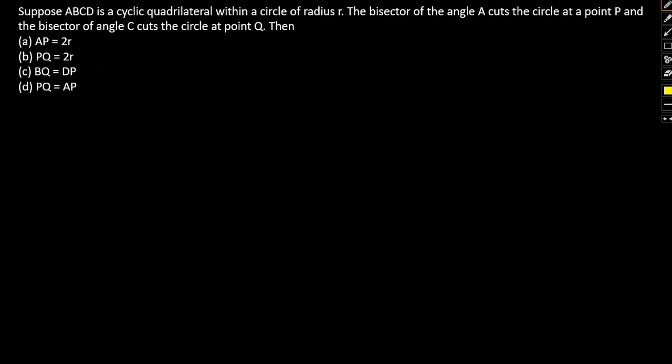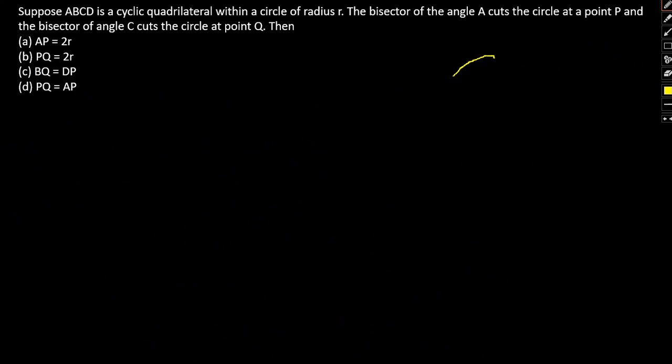Yeah, so the third question basically says, suppose ABCD is a cyclic quadrilateral within a circle of radius r. The bisector of angle A cuts the circle at point P and bisector of angle C cuts the circle at point Q. Then we need to find the relation. So let's first try and draw the diagram of the same.